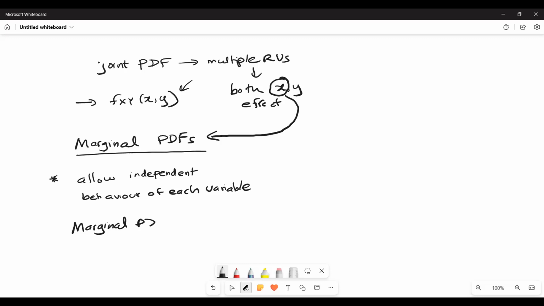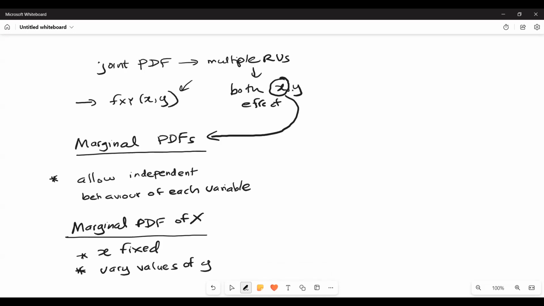The marginal PDF of X I can define as the PDF that I will obtain once I keep X fixed, and then I will vary the values of Y, and I will obtain the PDF once I do that.